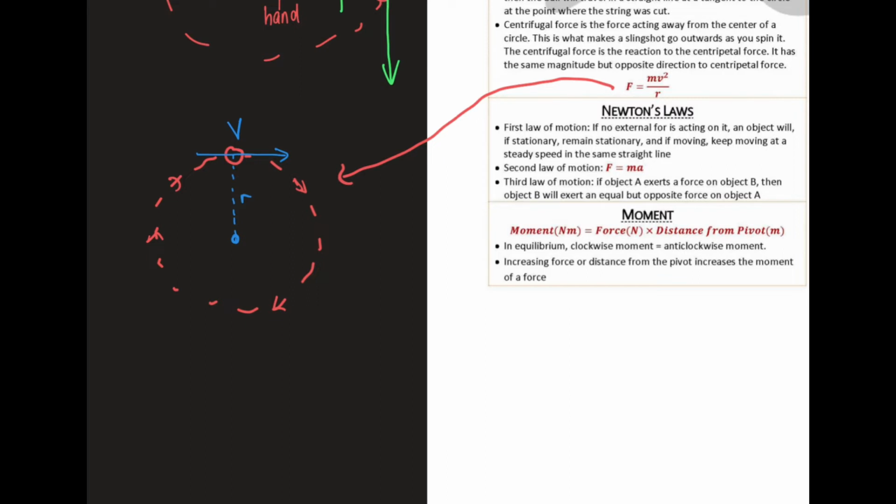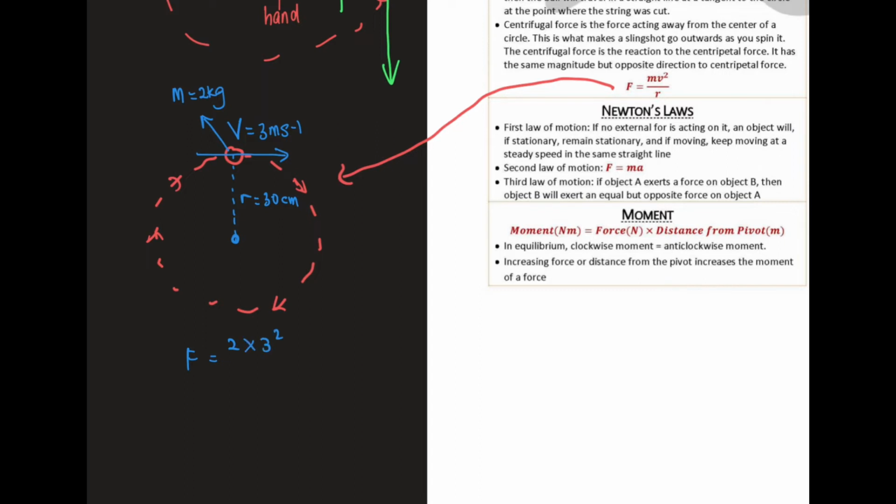Actually, let's not use the Earth, because I don't know the mass of the Earth and I would need to search on Google. Let's just put a general object of mass 2 kg, and this object moves at a velocity of 3 meters per second. The radius is, let's say, 30 cm.